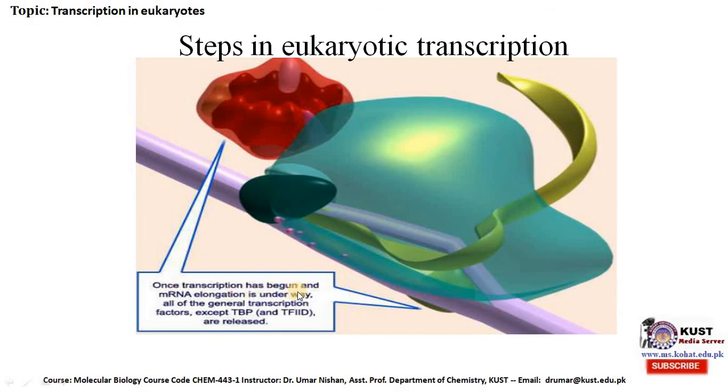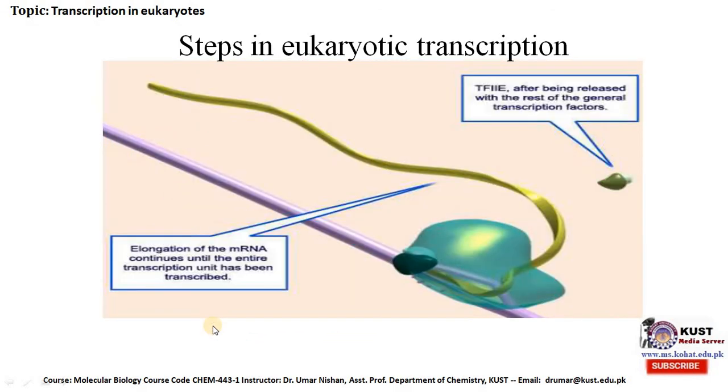Once transcription has begun and mRNA elongation is underway, all of the general transcription factors except TBP and TF2D are released. After being released with the rest of the general transcription factors shown here, elongation of the messenger RNA continues until the entire transcription unit has been transcribed.